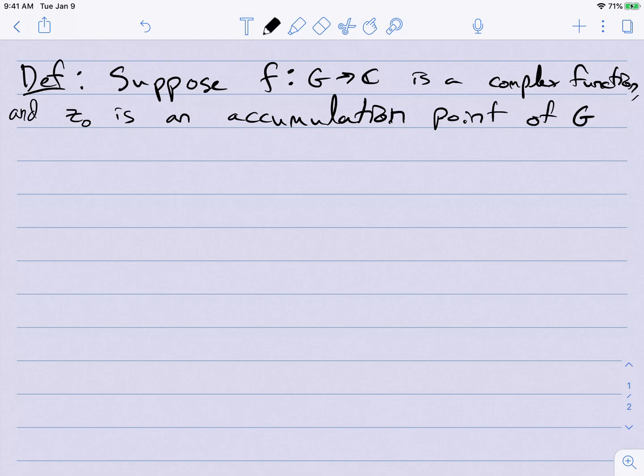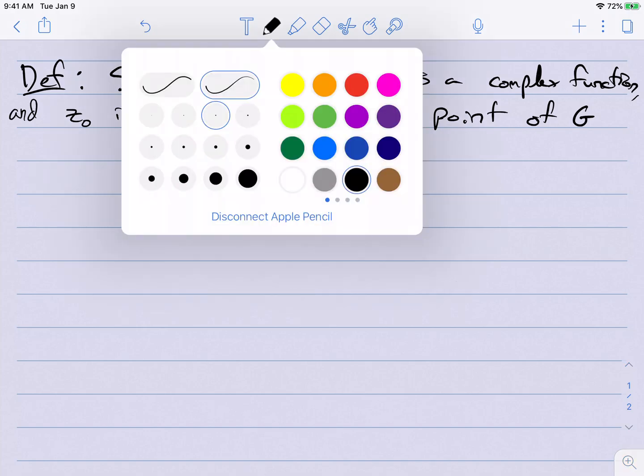Now, accumulation point was a definition from the last section, section 1.4. And in case you haven't absorbed that yet, let me remind you what it means. So G is some subset of the complex numbers. z naught is an accumulation point if there are points in G which are arbitrarily close to z naught. And so maybe I'll write that as just an aside here.